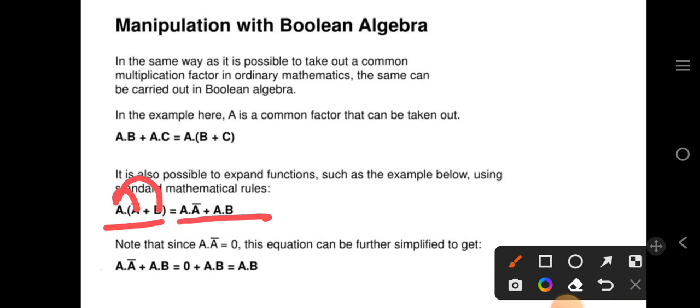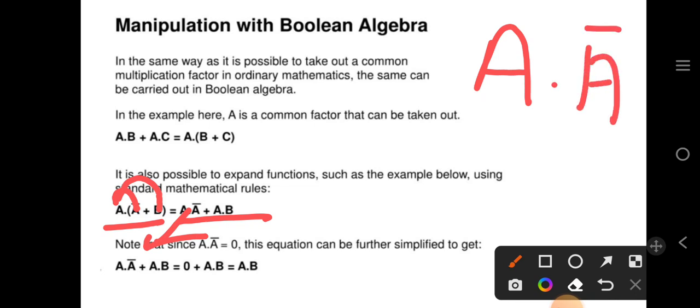Now how to simplify this equation? If you consider the above equation, you can see it is A dot A bar plus A dot B. Now the law we saw in the previous lecture, the AND law: if a variable is multiplied by the inversion of itself, then the output is always 0.